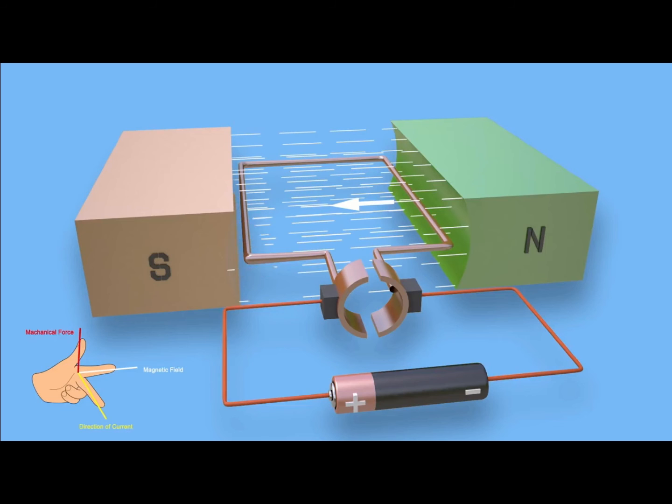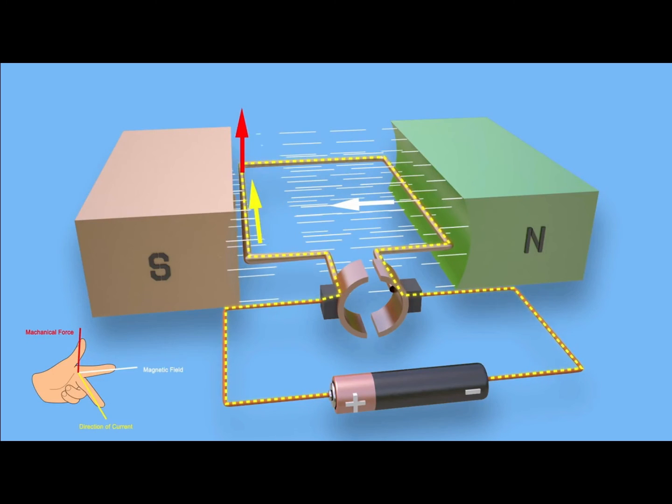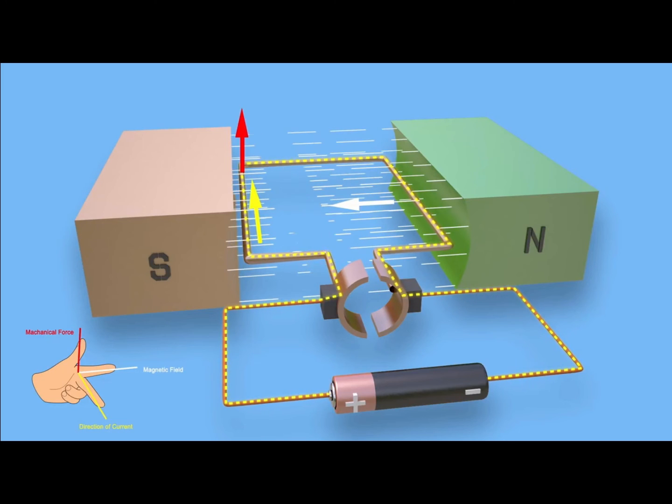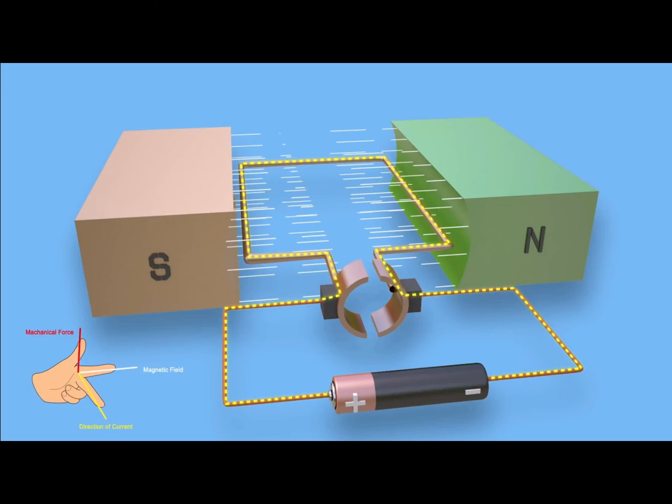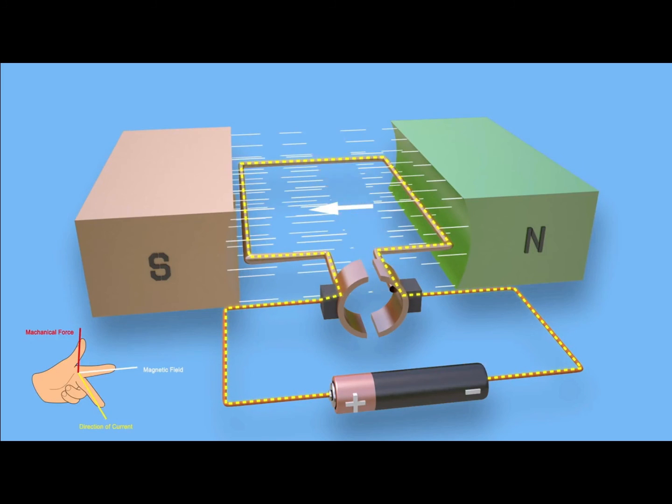If the forefinger is in line with the direction of the magnetic field, from north pole to south pole, and the second finger is aligned with the direction of current in the left side conductor, then the thumb indicates the direction of the mechanical force. This is clearly upward here.